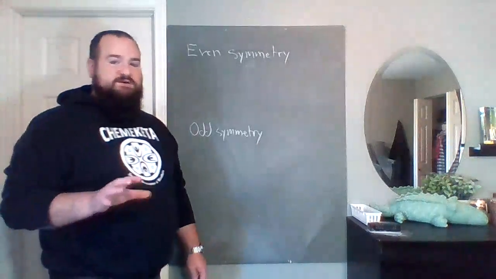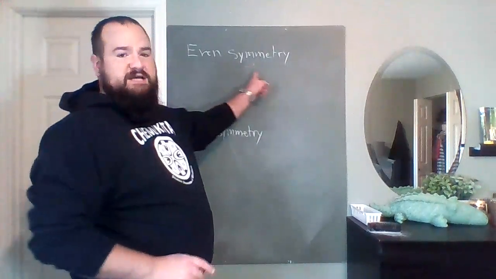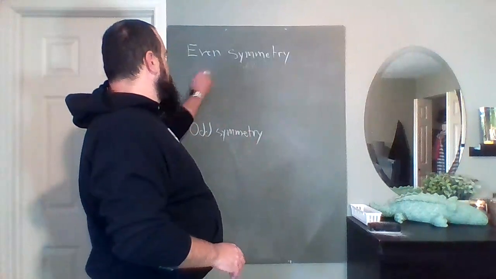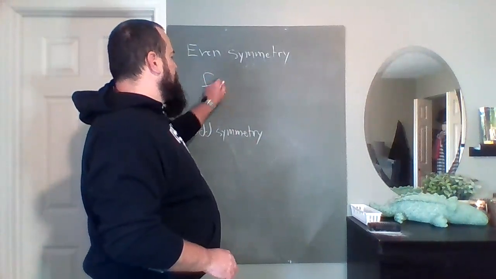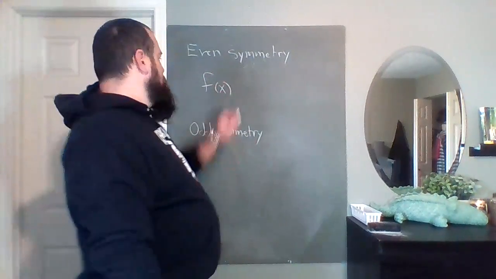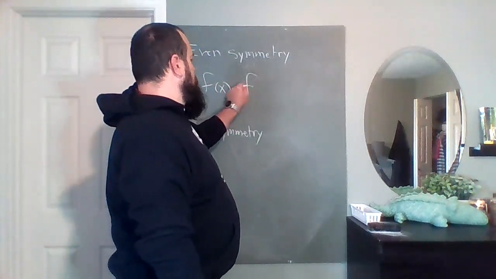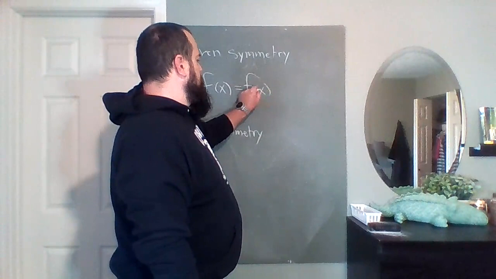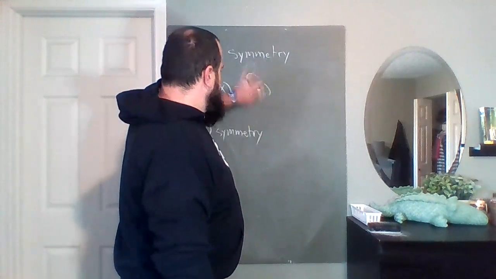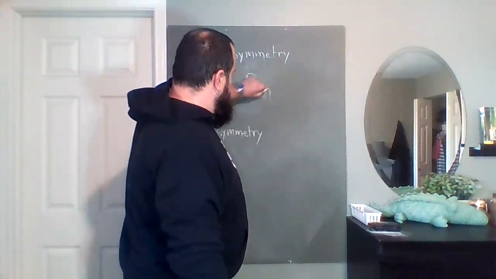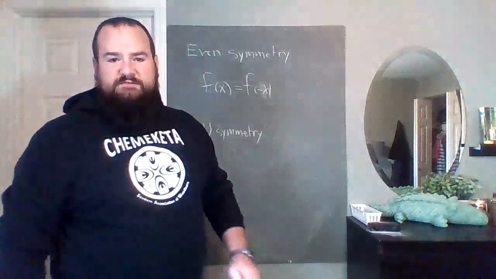Symbolically, the way this looks is a function has even symmetry if f of x is equal to f of negative x.